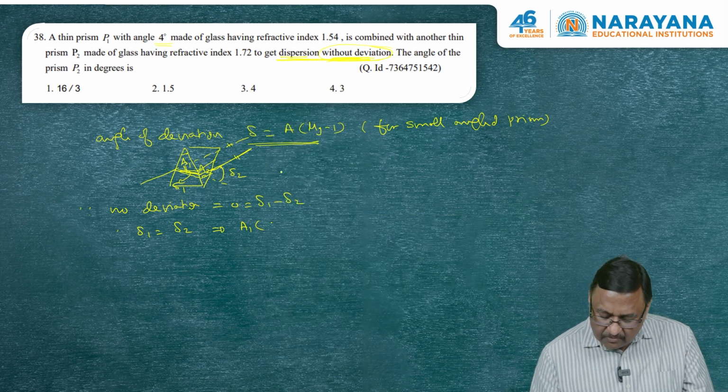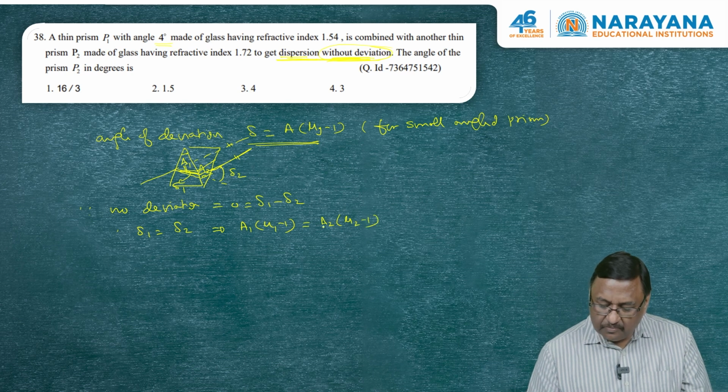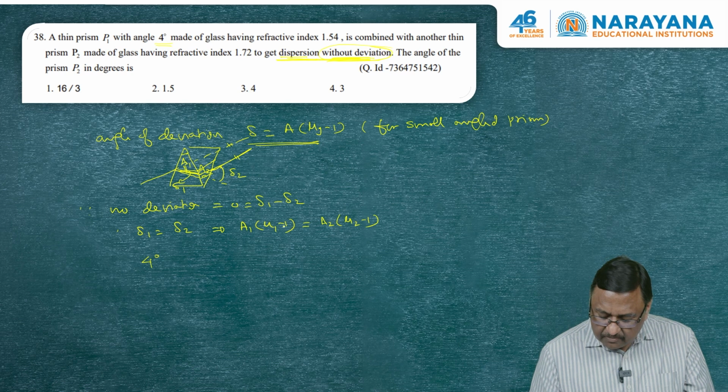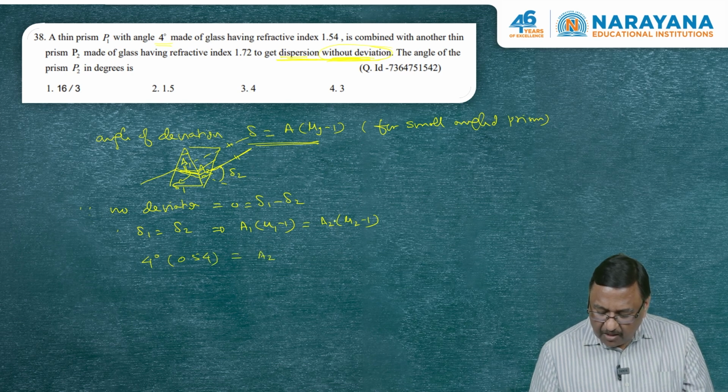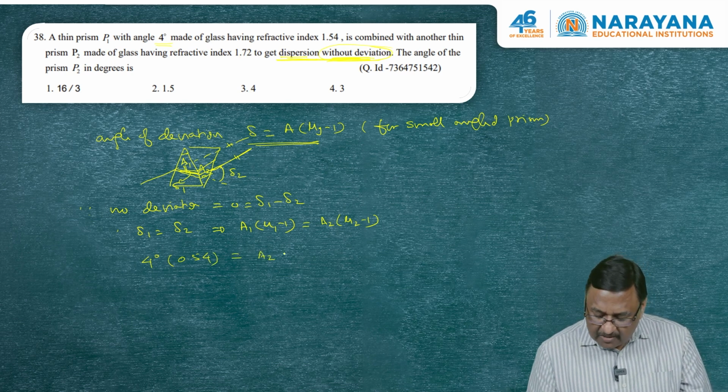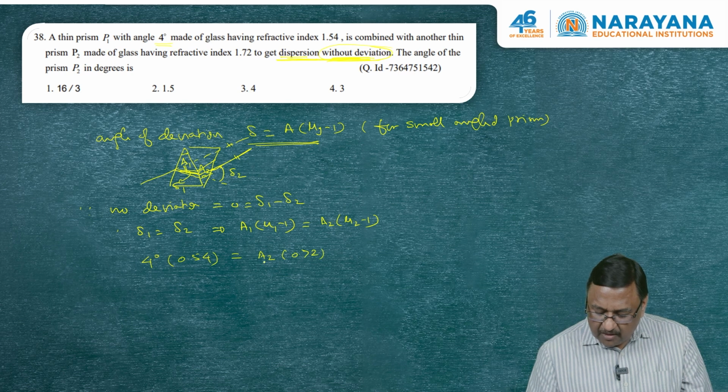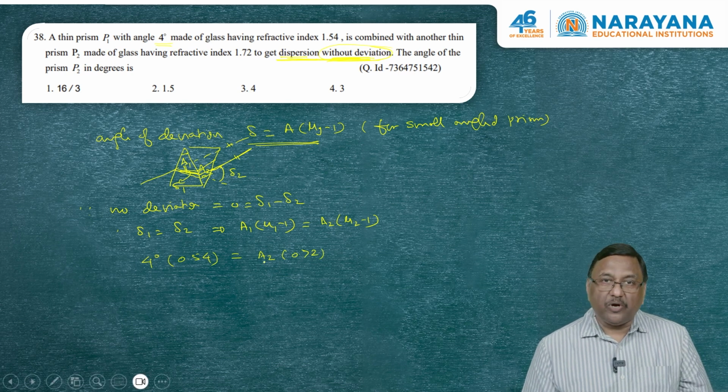A1 into mu of the first minus 1 is equal to A2 into mu of the second minus 1. First prism is given to be 4°. Mu 1 minus 1 is going to be 1.54 minus 1, so I can write directly 0.54. I can write for A2, second is given to be 1.72, so I can write directly again 1.72 minus 1 is 0.72.